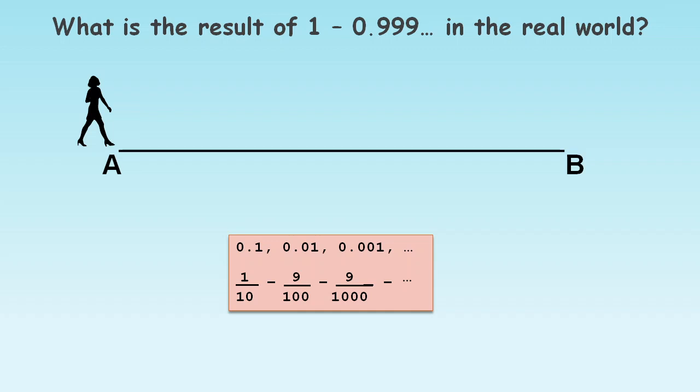The first value in the sequence is 0.1, and so the first journey could be to a position at 1/10 of a certain distance. The next value is 0.01, and so the next journey could be to the position corresponding to 1/100th of the total distance, and so on. You'll never get to 0 by following this sequence, and so the result is clearly not 0.